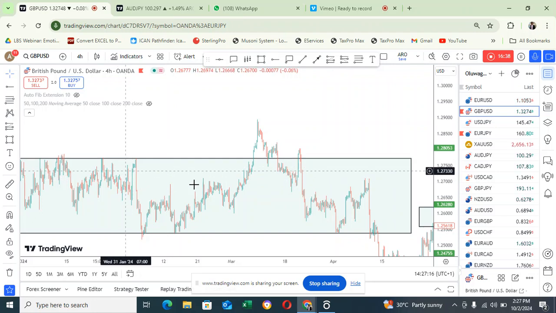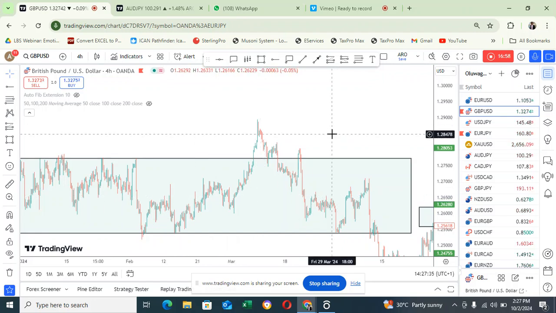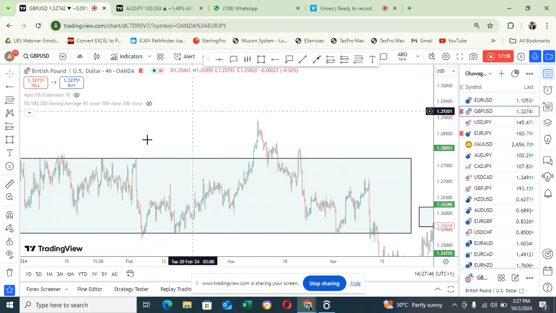So it shows that in this area, the market was actually in a range. You will be looking for buying and selling opportunities at the same time. You can buy from here and you can also sell from here. That's what a range market is all about.